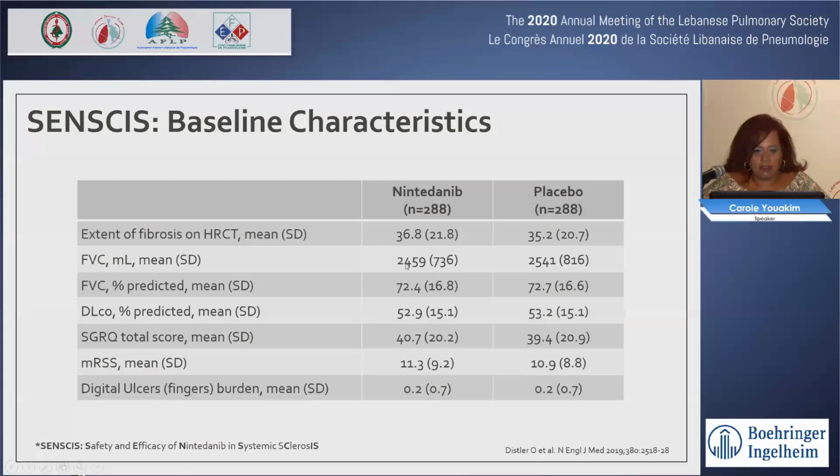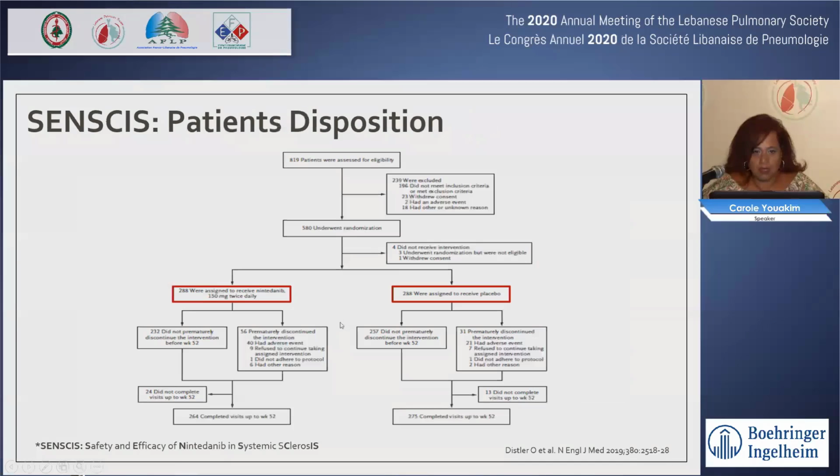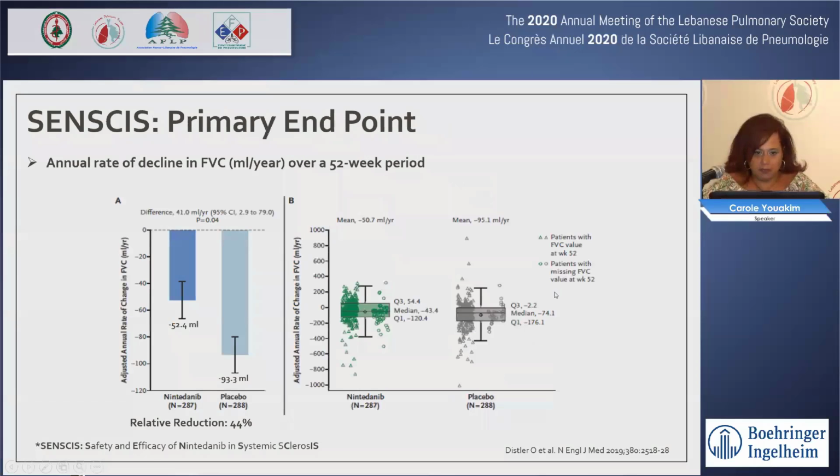Extent of fibrosis on HRCT, 36%, 72% mean predicted FVC in both groups, DLCO 53% predicted in both groups. This was the disposition of the patients in the SENSCIS trial: 288 patients assigned to receive nintedanib and 288 patients assigned to receive placebo.